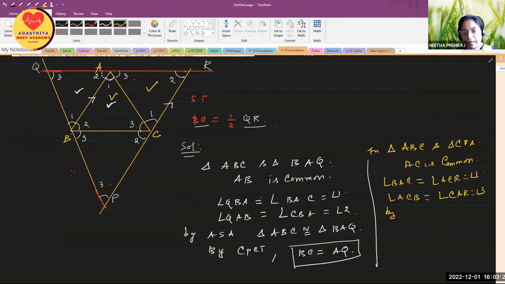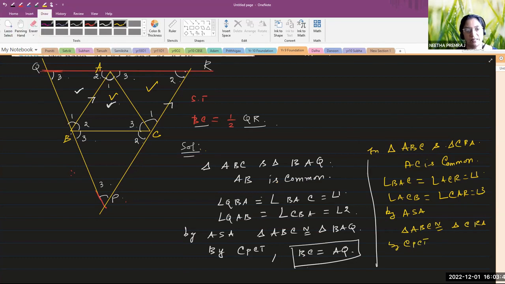Again, by angle side angle, triangle ABC is congruent to triangle CRA. So by CPCT, you can say BC is equal to AR, isn't it?